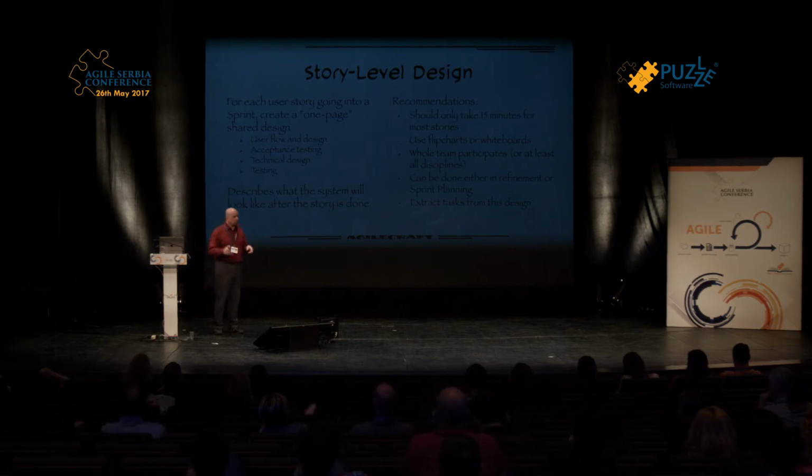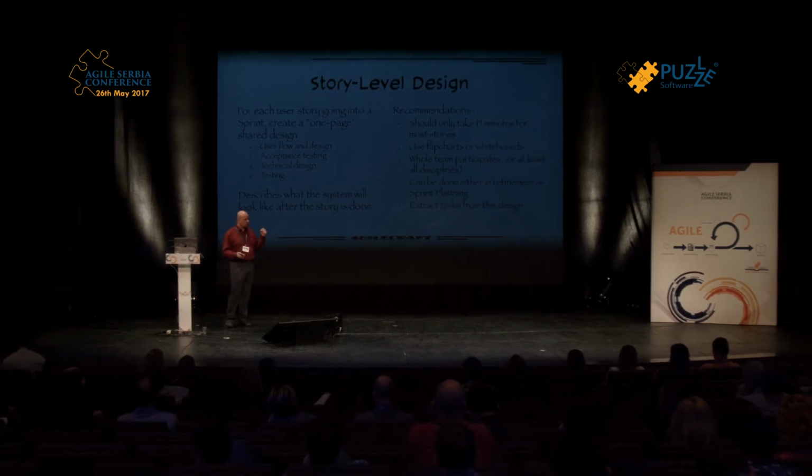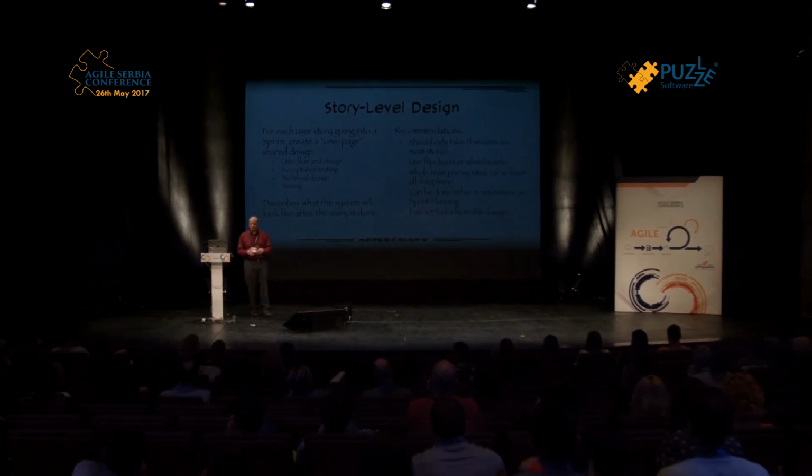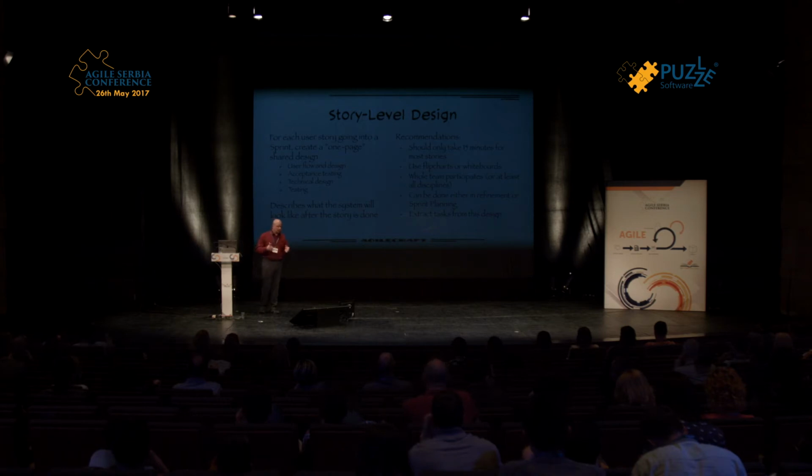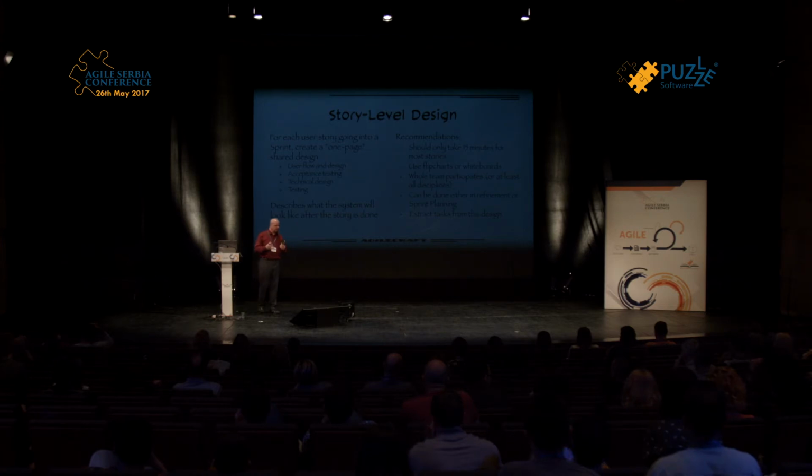Remember, it's not just supposed to redraw the screen. You probably have screenshots or Photoshop pictures, so use those as reference, but confirm that we understand this the same way. Talk about what the acceptance test is, how we are going to do that, the technical design and the testing. All the different aspects the team has to do. Sometimes even deployment.